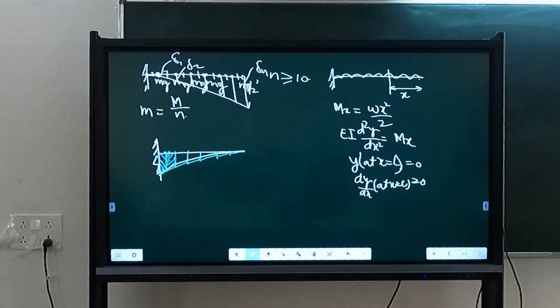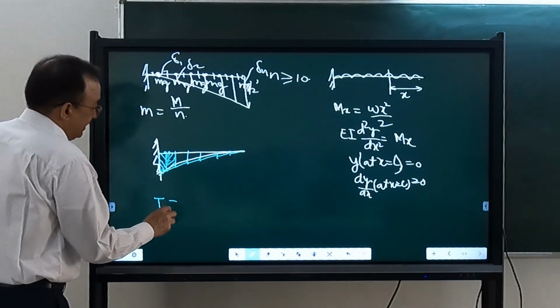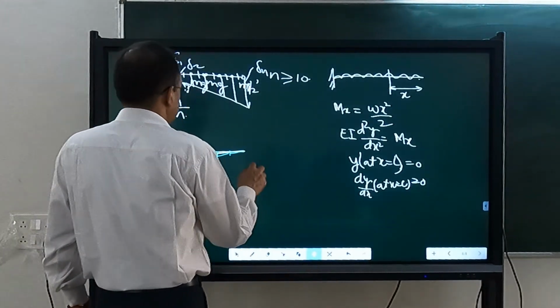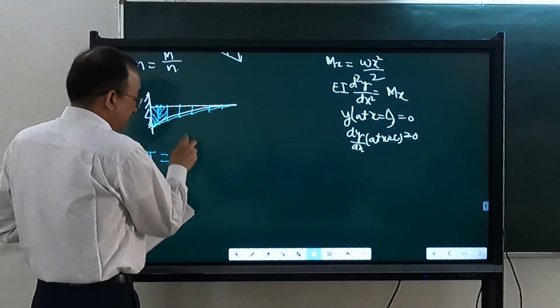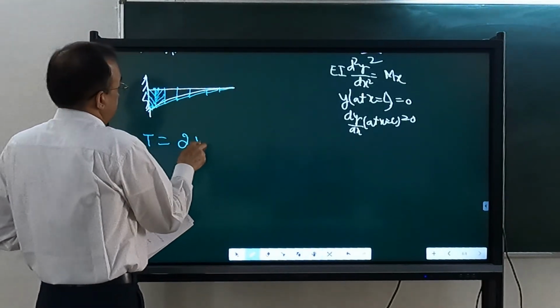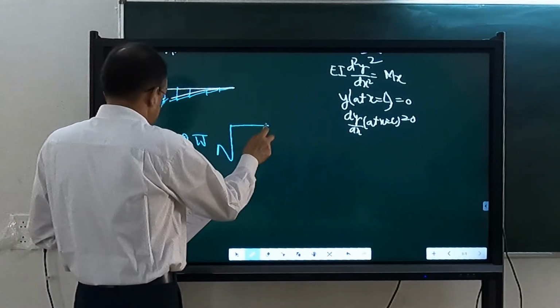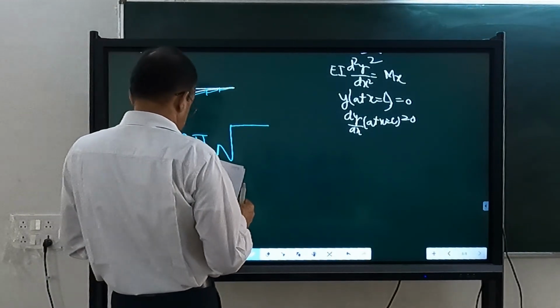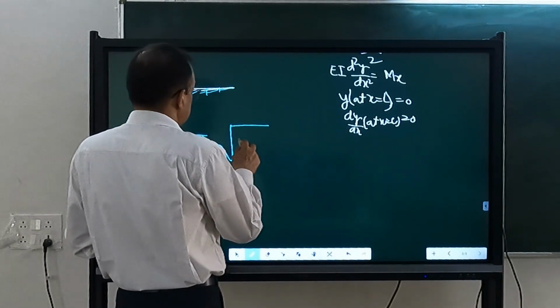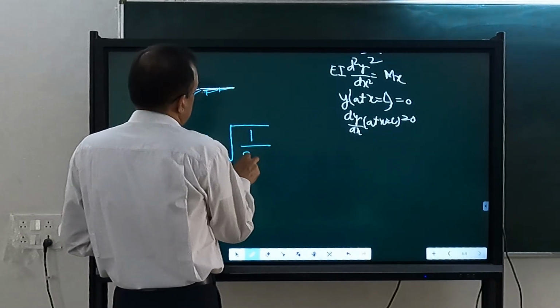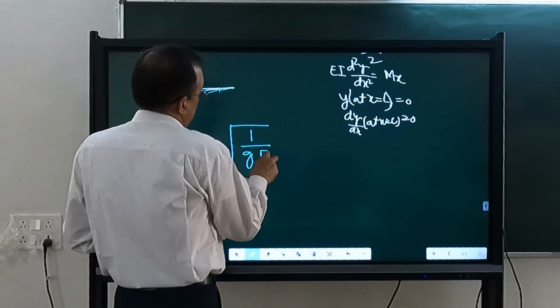Okay, and then you can calculate T as 2π square root of 1/(G γ).